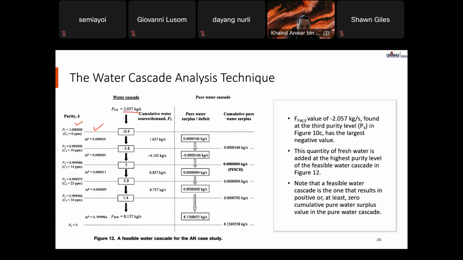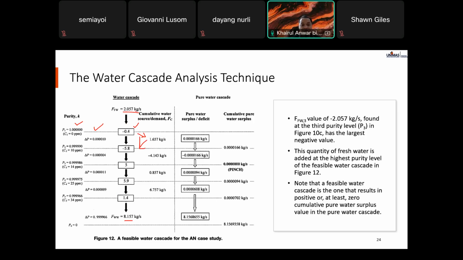This is the same, except for this, where you get this value from the interval water balance table, table 2. But for the cumulative or cascading, recalculate because we have a new value for the FFW.